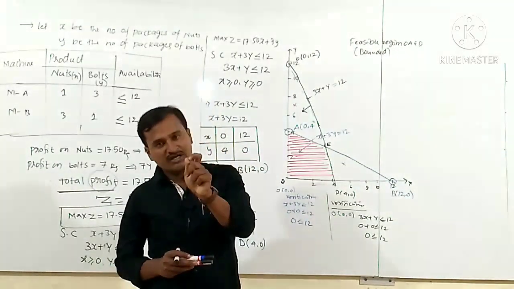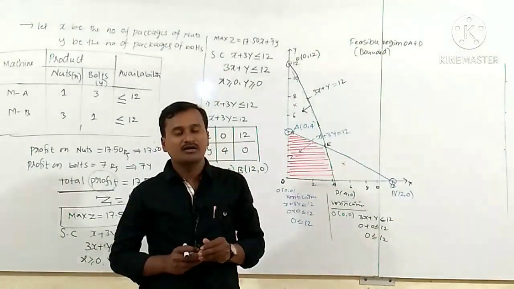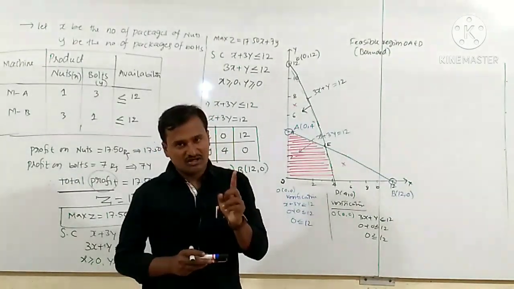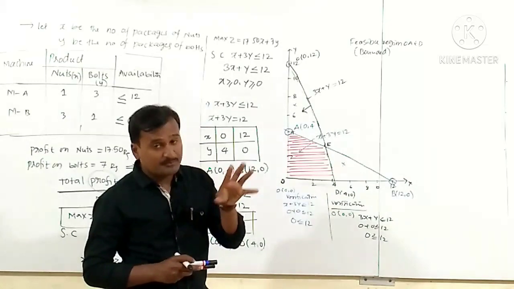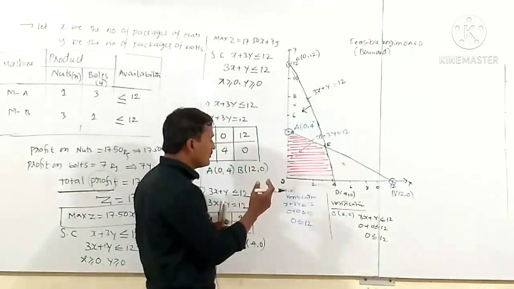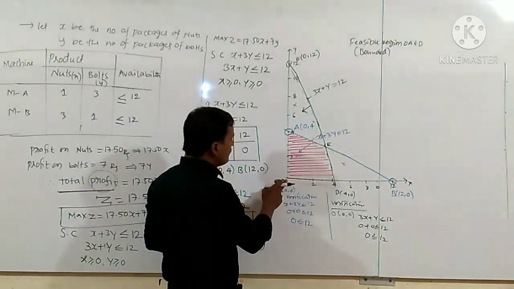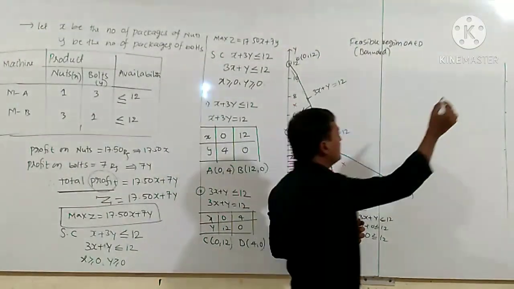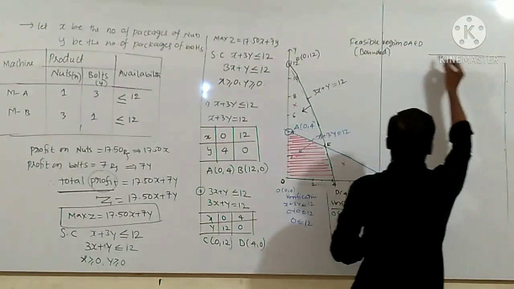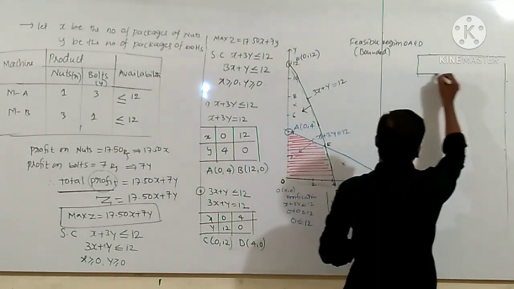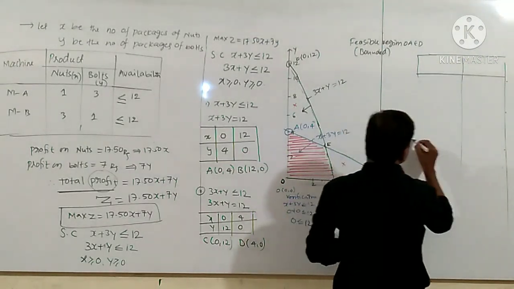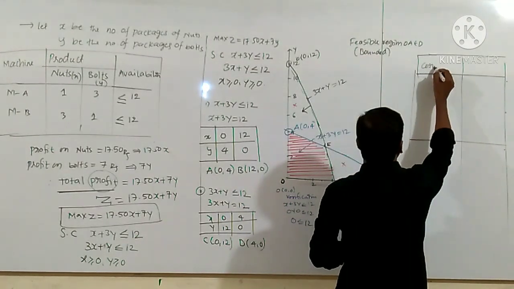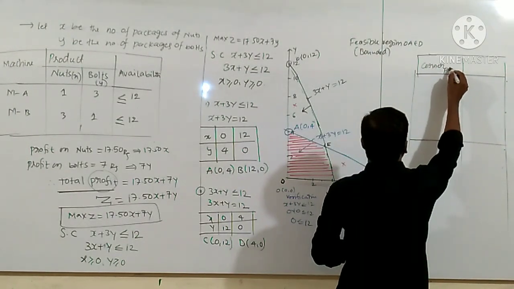So what are the corner points of the feasible region? O, A, E, D. Here I will take a table. The feasible region is bounded. So here we will write the corner point.